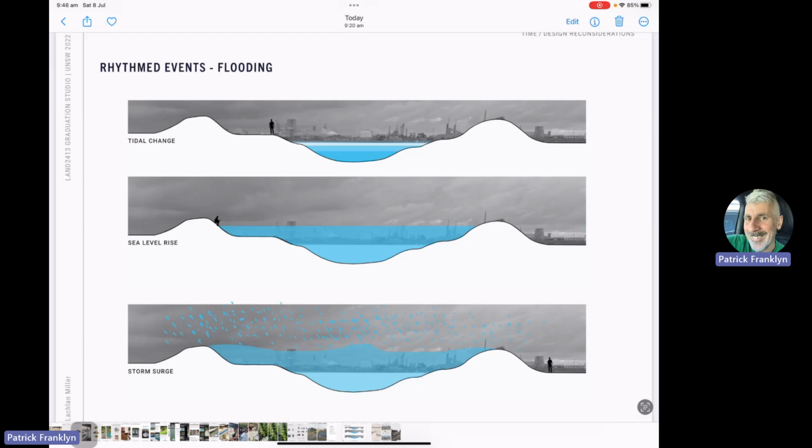Sections of tidal change, sections of sea level rise, and sections of storm surge. So last Tuesday and Wednesday night, we had king tides. We had very mild weather. We had not had a lot of rain. Now, if we'd had those king tides in a storm, and if it was a La Nina kind of time and it was very wet, as opposed to we'd had 2 very dry months, I suspect we would have had flooding issues in the Rockdale area.